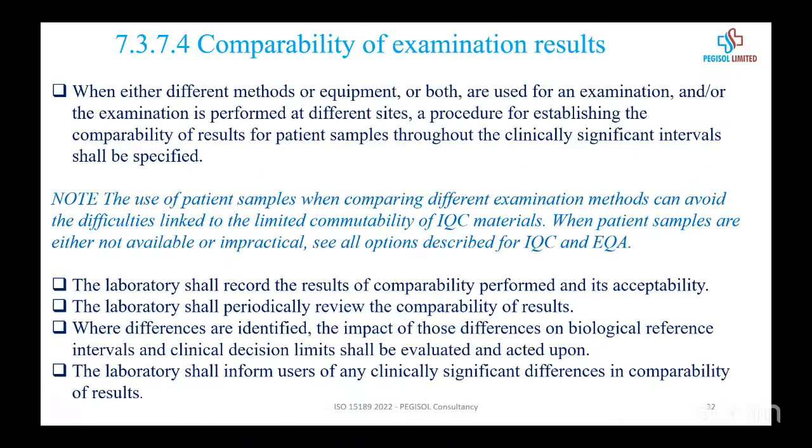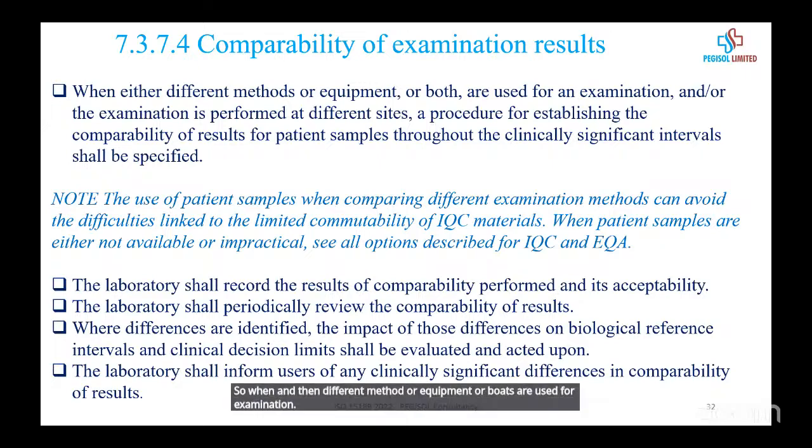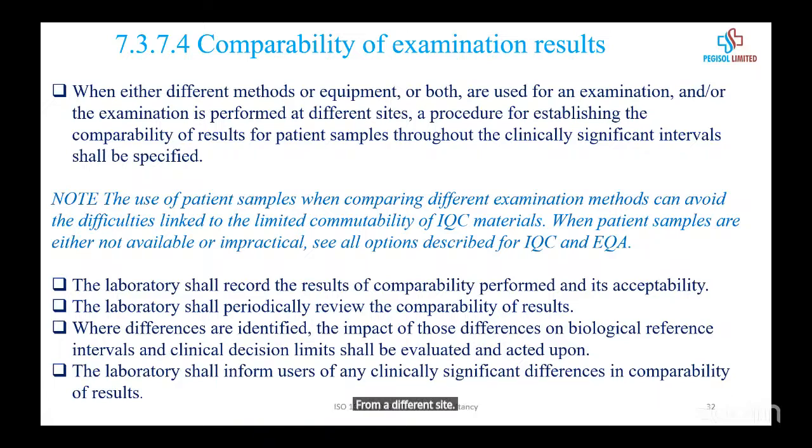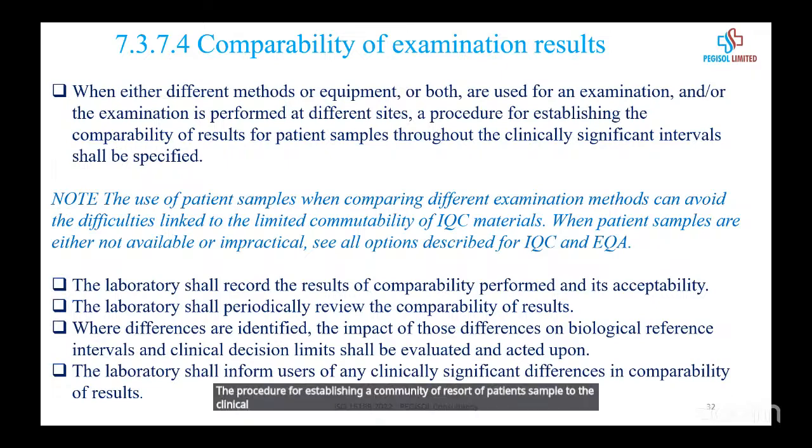When different methods or equipment or both are used for examination or performed at different sites, we're talking about comparability of examination methods. A procedure for establishing the comparability of results of patient samples through the clinically significant interval shall be specified.